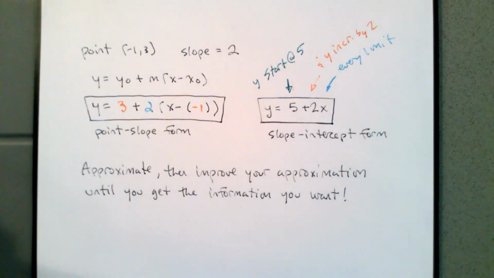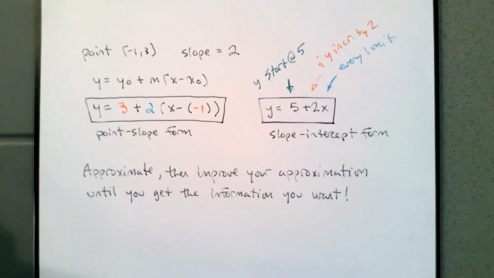But what we really want to do is improve our approximation infinitely. What happens if we pick a point that is infinitely close to -1? That means we need to understand what infinity is. We need to start understanding how infinity works.